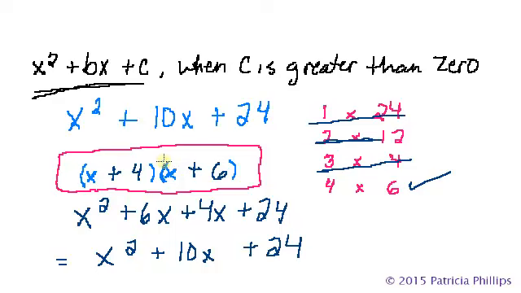Once you have those in place, you go straight to the last term, and you ask yourself this very important question. What can I multiply that equals 24 that I can also add together to equal this coefficient of the second term, 10?